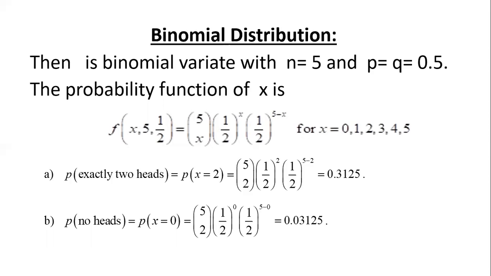Now, putting the value of n, p and q, we get the probability function of binomial distribution f of x equal to 5Cx (1/2) to the power x and (1/2) to the power 5 minus x, where x equal to 0, 1, 2, 3, 4 and 5.